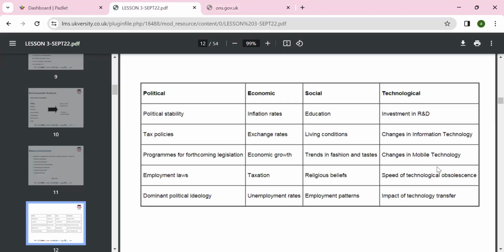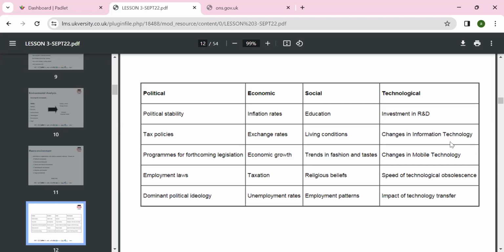Economic growth, taxation, unemployment rate, how much we have. Of course, you always follow the base rate, and per capita income, per person income, according to the World Bank, and you can plan. Social factors: the society is changing, people are working, fashion, religious belief, employment patterns. In technology, of course, it is huge.